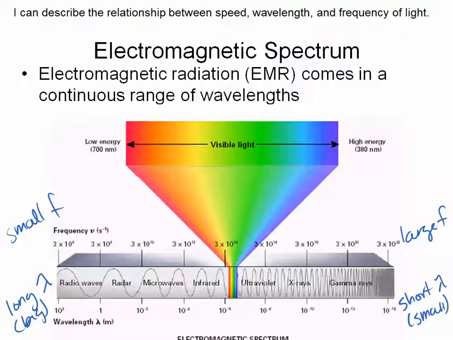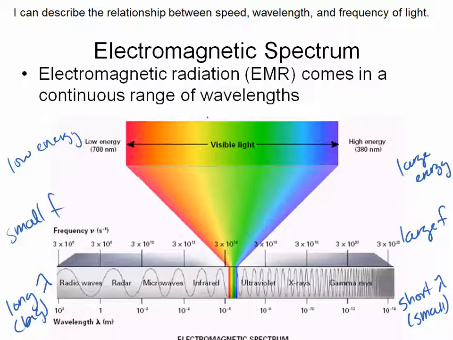Now we can add energies into this as well. When you have very long waves, you have very small or low energies associated with that. So this side has low energy. Over here, when you have very short wavelengths, you have a very high frequency, and you also have very large energies. So this side is going to have large or big energies associated with it.